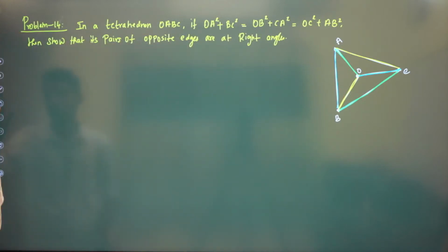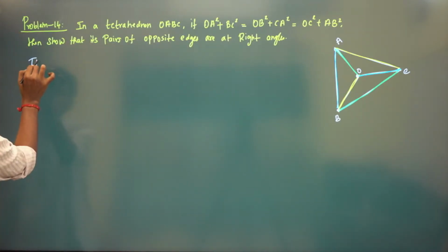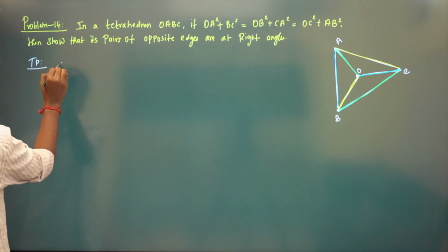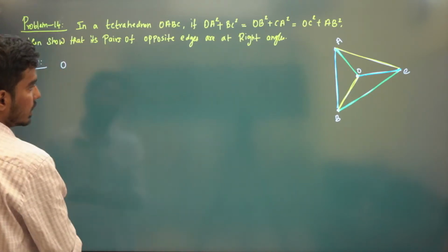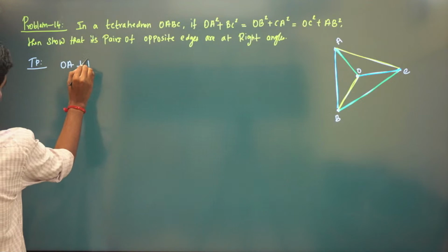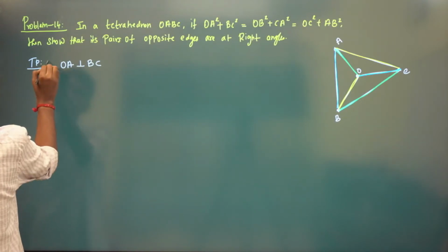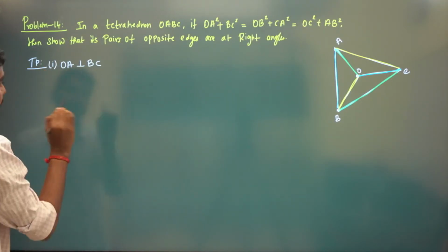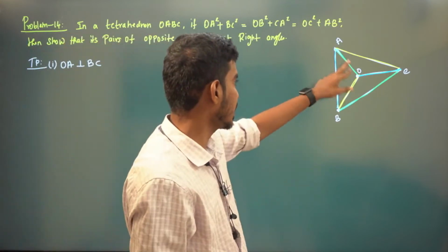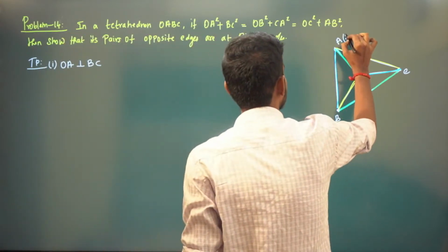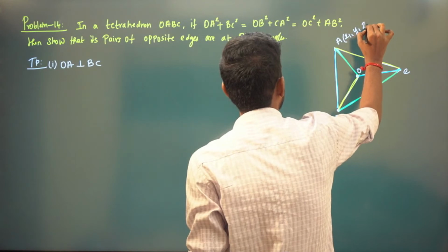So what we need to prove is that OA is perpendicular to BC. That means, what is the direction ratio of OA? Let A be x1, y1, z1, B be x2, y2, z2, and C be x3, y3, z3. The direction ratio of OA is x1, y1, z1.